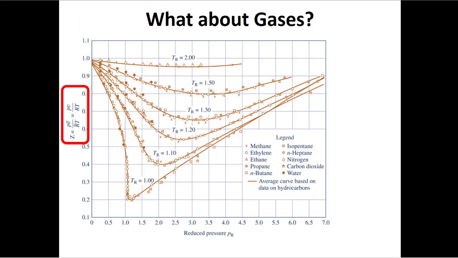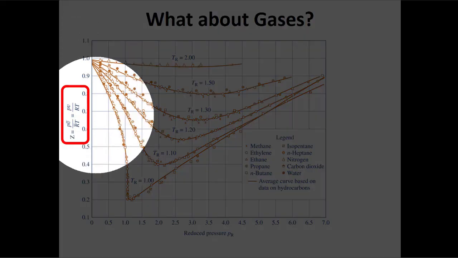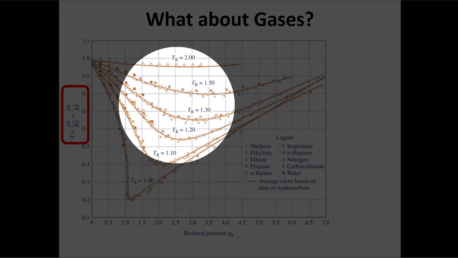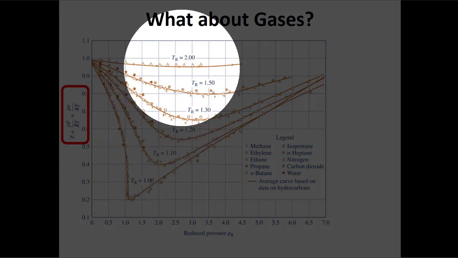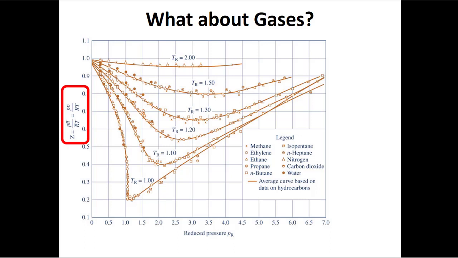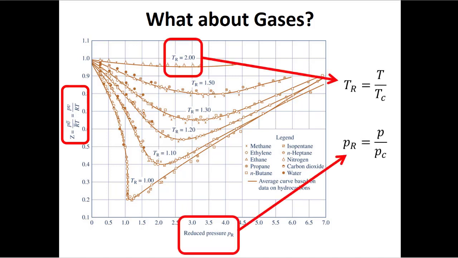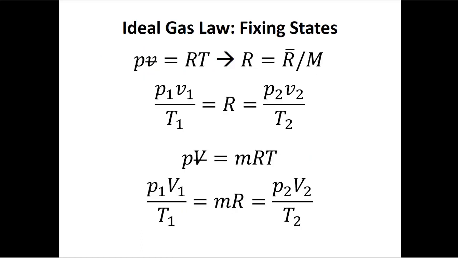Or if my reduced temperature is high, so as my TR value gets higher, I get a flatter and flatter curve that's closer and closer to 1. Remember here that this reduced temperature is the temperature divided by the critical temperature. So we're seeing here the numerical or analytical definitions for TR and PR. And when my compressibility factor is approximately 1, I can use the ideal gas law.